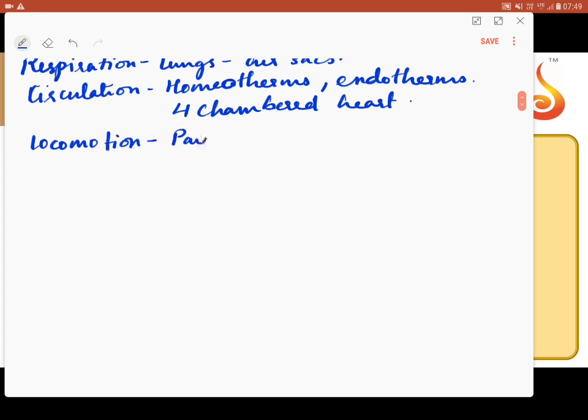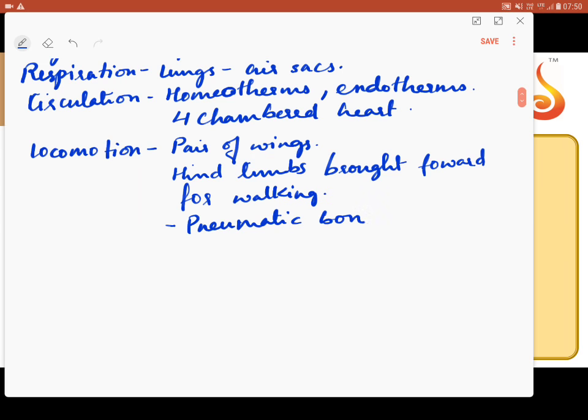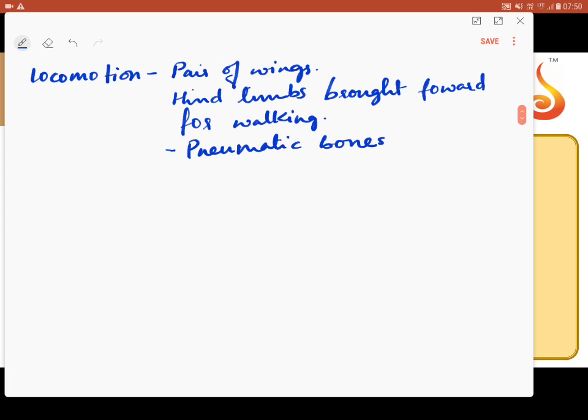Okay. Then we move on to locomotion, very important in this case. They have a pair of wings for flying, hind limbs brought forward for walking, pneumatic bones which make the body lighter, and streamlined body shape which cuts the wind through.